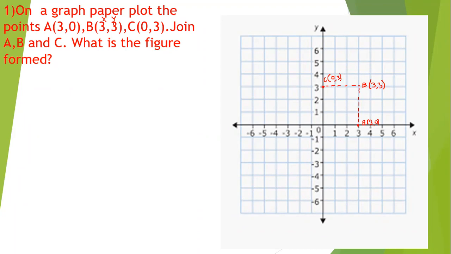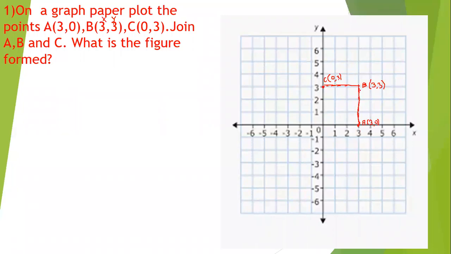After plotting, we have to join these points, A, B, C. So let us join. You have to do this with the help of a scale, a ruler, not with the hand directly. After joining, now which type of figure is this? If you will see, all the sides are equal.